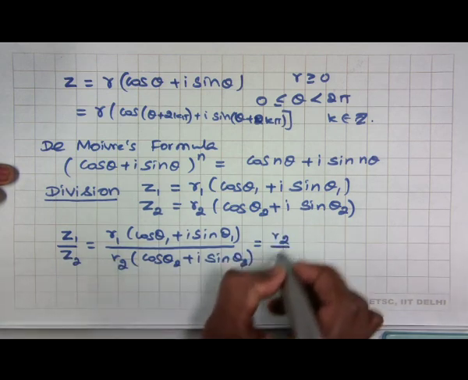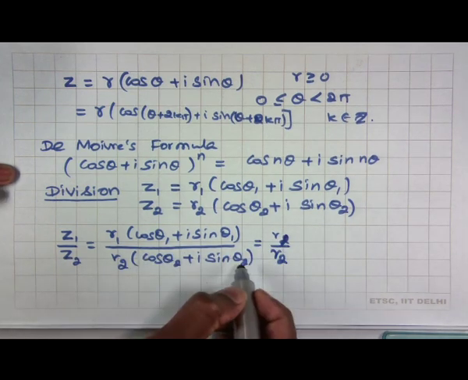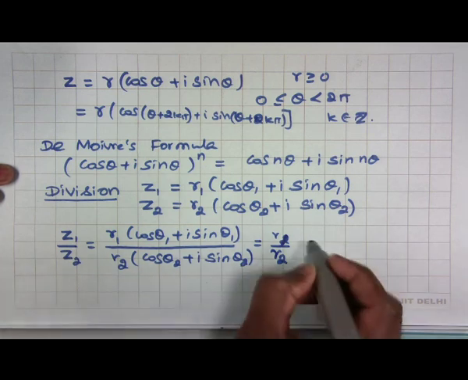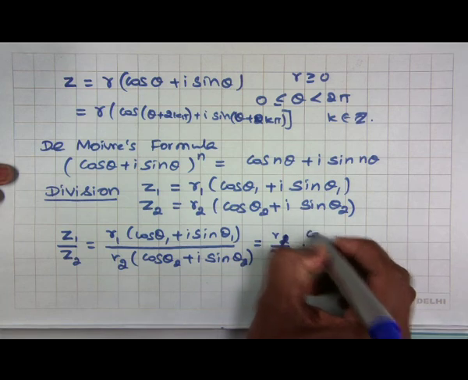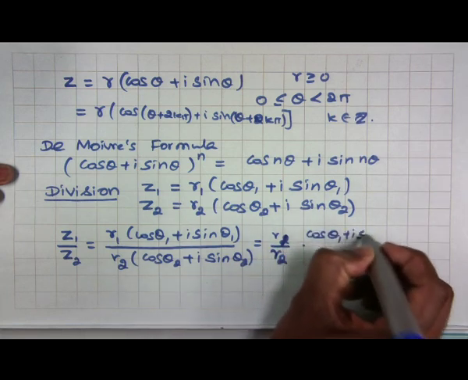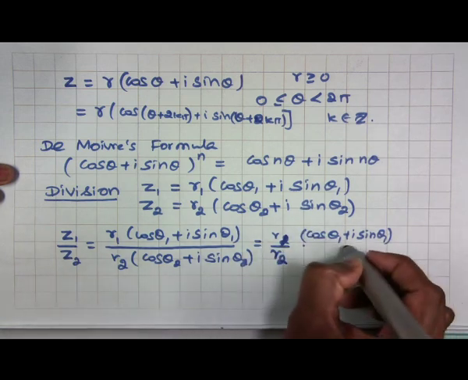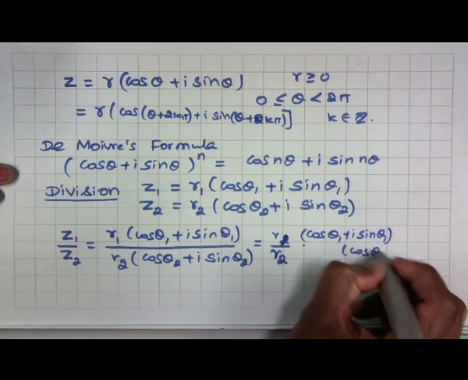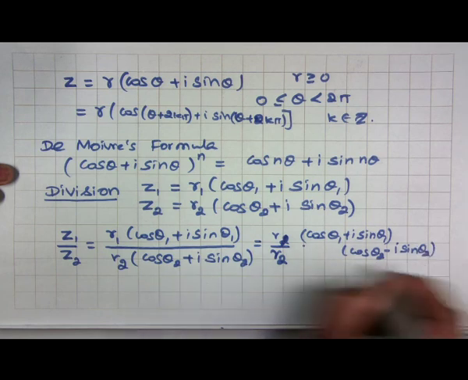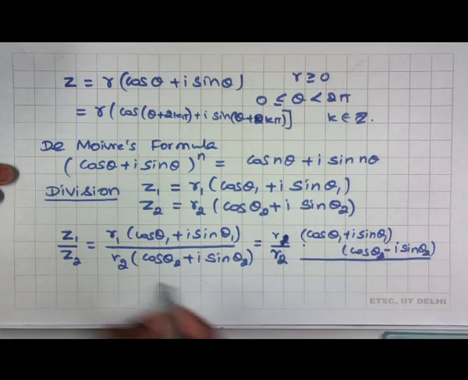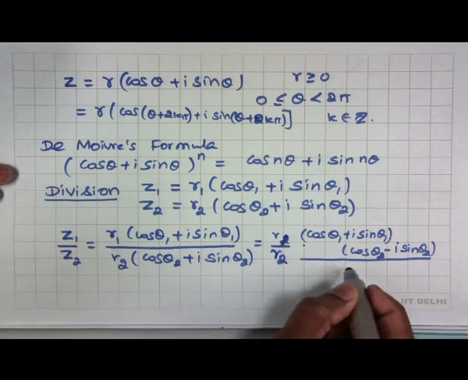to get the inverse we multiply by the conjugate in the denominator. So, we get the numerator multiplied with the factor which is the conjugate, cos theta 2 minus i sin theta 2, divided by z times z bar, which is nothing but mod z square.